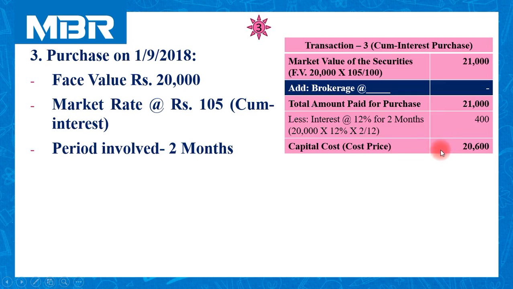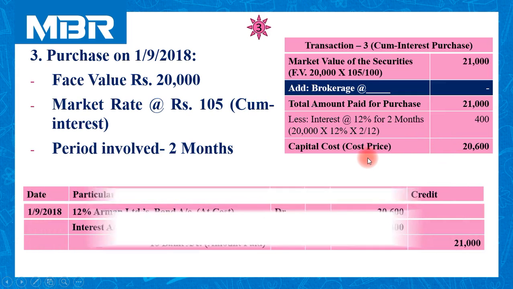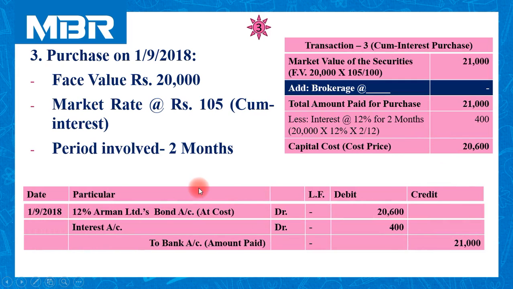So cost price or capital cost for the transaction is 20,600. 12% Arman Limited's bond or investment account debited 20,600 at cost price. Interest account is also debited for 400 rupees, and amount paid credited to bank account by rupees 21,000.